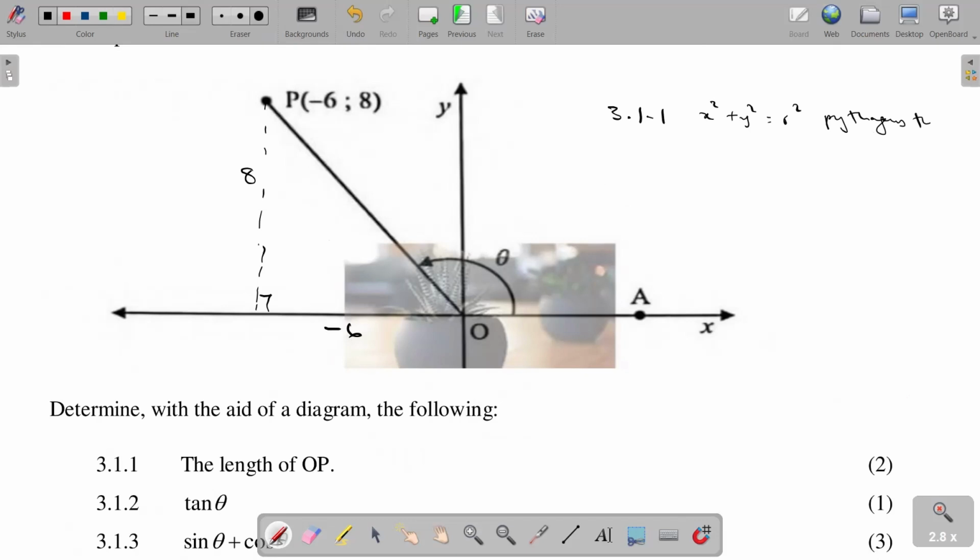Then x is negative 6 squared plus y, which is 8 squared, must be equal to OP squared. This simplifies to 100 equal to OP squared. Always know that OP is always positive, the terminal is always positive. So OP is equal to 10 units.